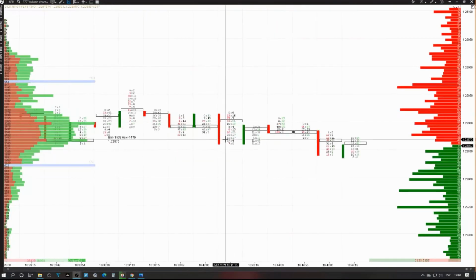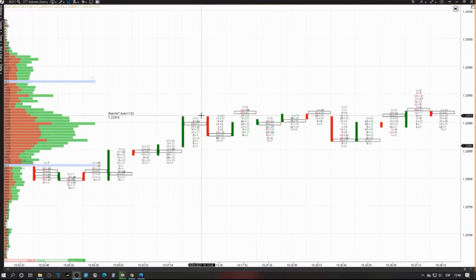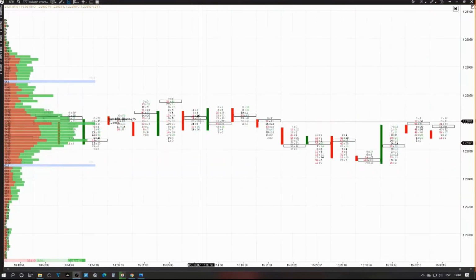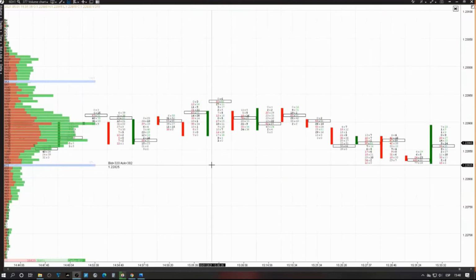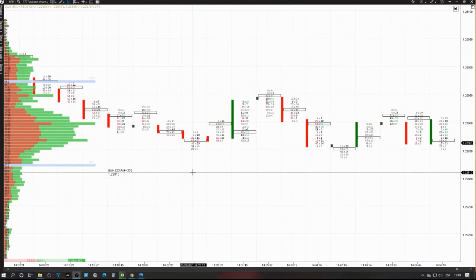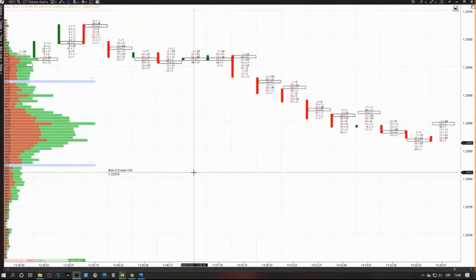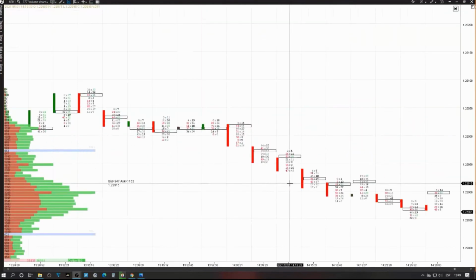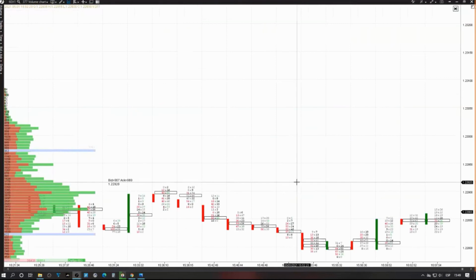And if we go back, we can see the whole history of what happened during the day. We can spot trapped traders. We can spot when the stop losses are being hit. We can spot everything because we can see inside exactly what's happening in the candles.